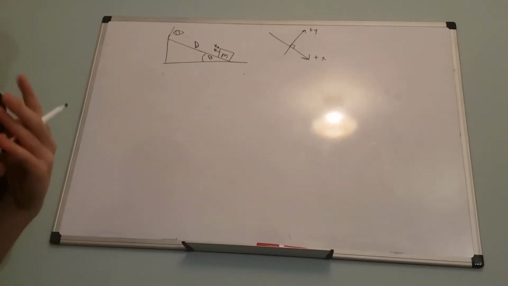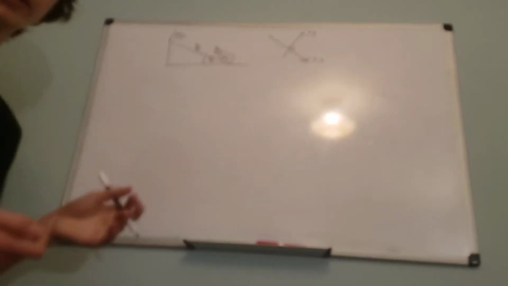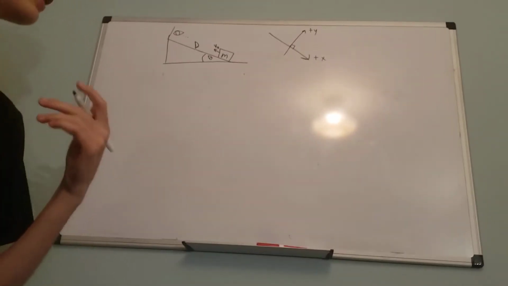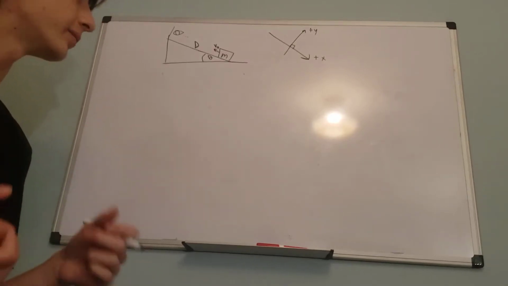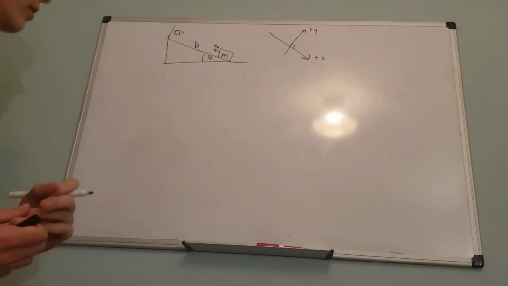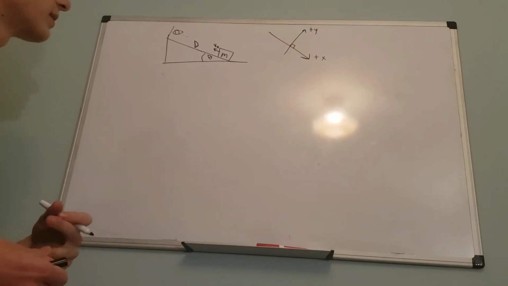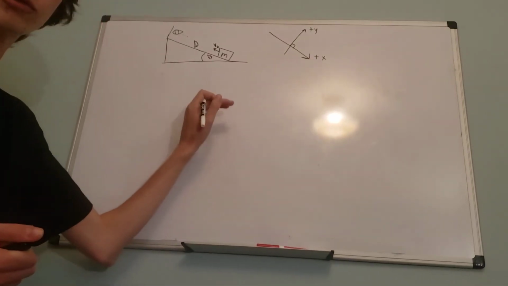Okay, so first we are asked to find the acceleration of the block. It's saying a given acceleration at time t. For this, I actually don't think I'm going to need t because acceleration will be constant. So I'm going to use force equations.